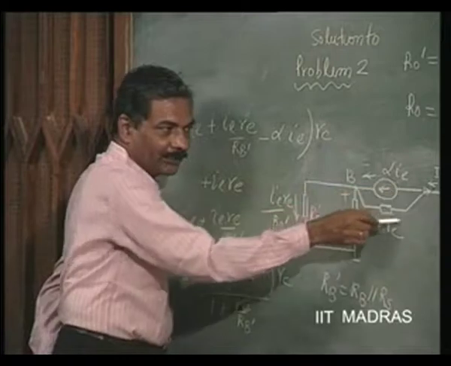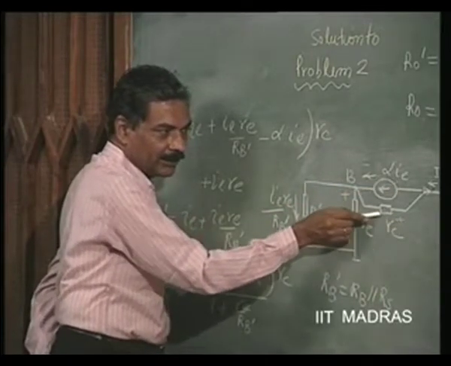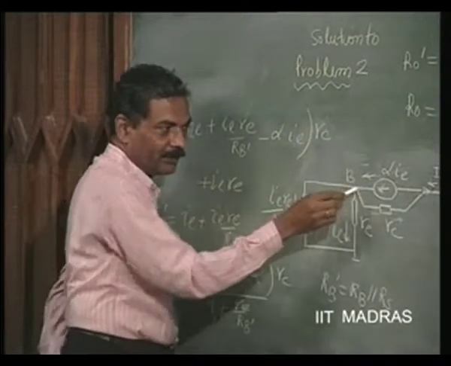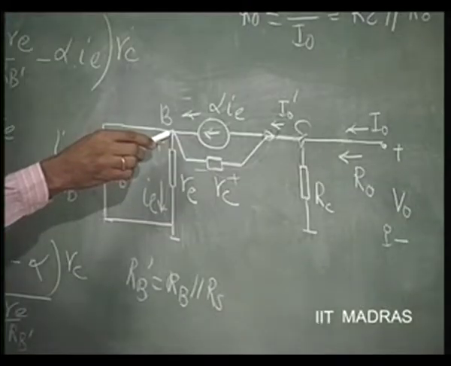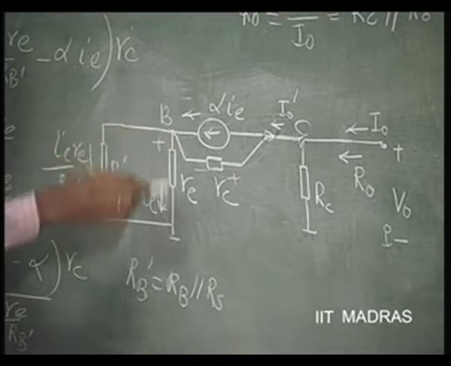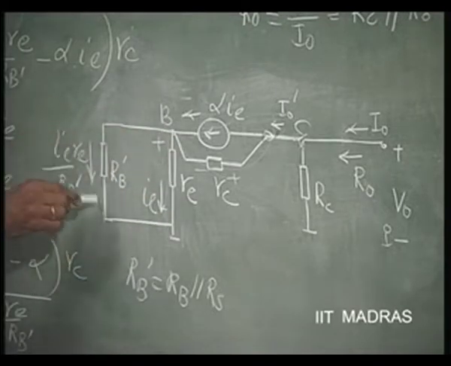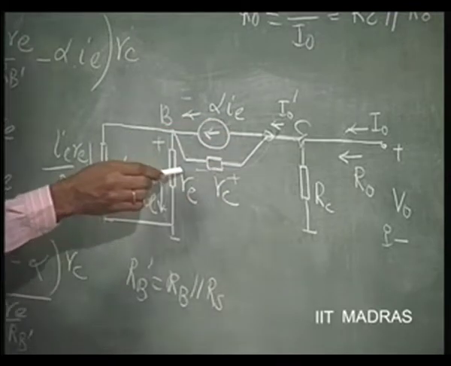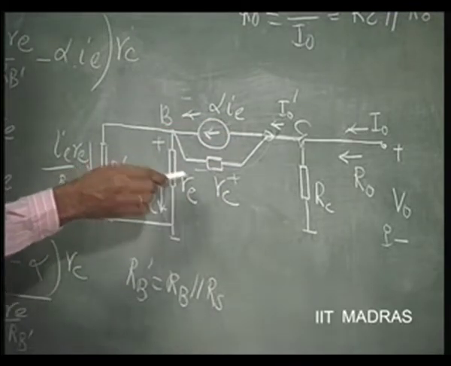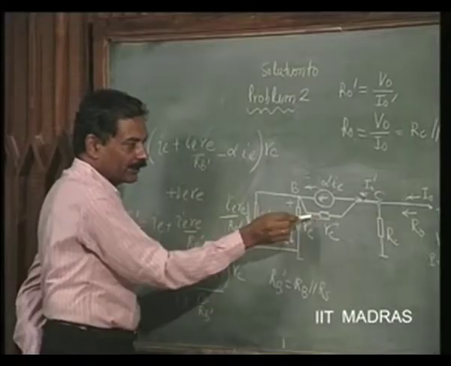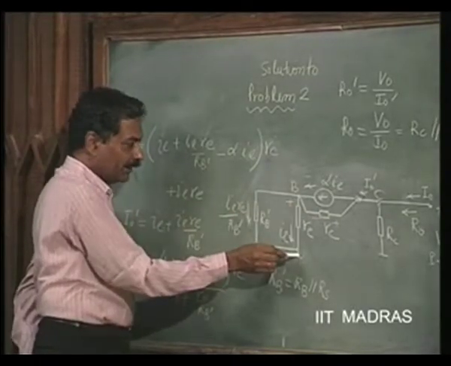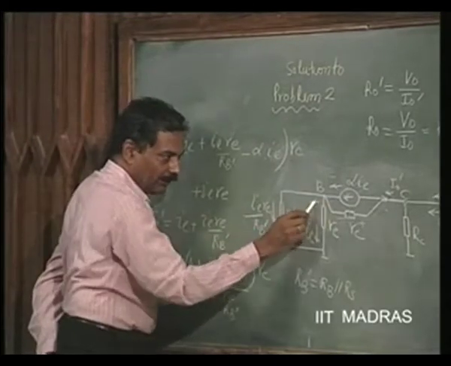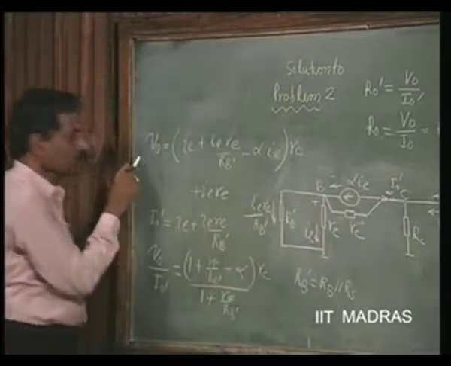Once I know the current through RC, the drop across this is that current into RC. So, I have found out the voltage from here to here. The total current is IE plus IE RE by RB dash minus alpha IE. That into RC is the potential across this, and the potential across this is plus IE RE. So, this potential plus this potential is V naught.